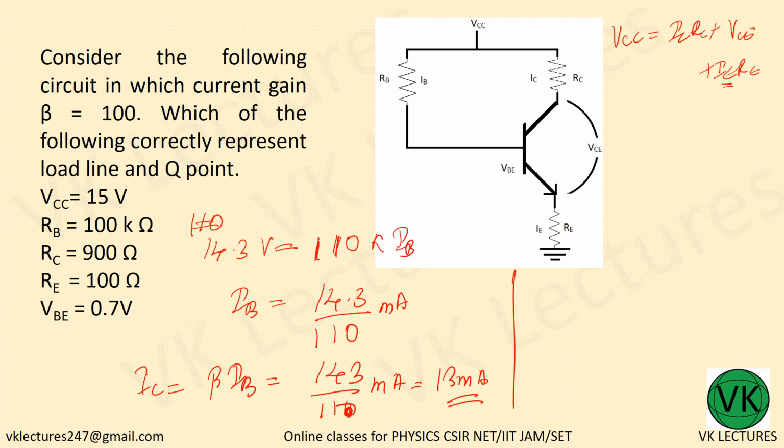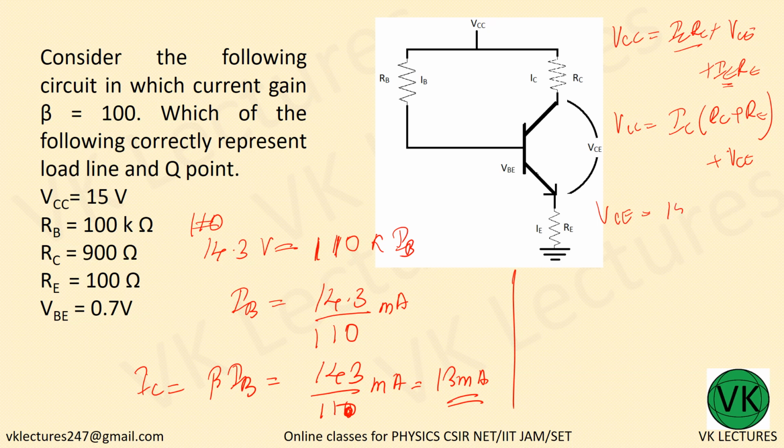IE equal to IC. So VCC equal to ICRC plus IC into RE. So IC into RC plus RE plus VCE. What you want? VCE. You want VCE.